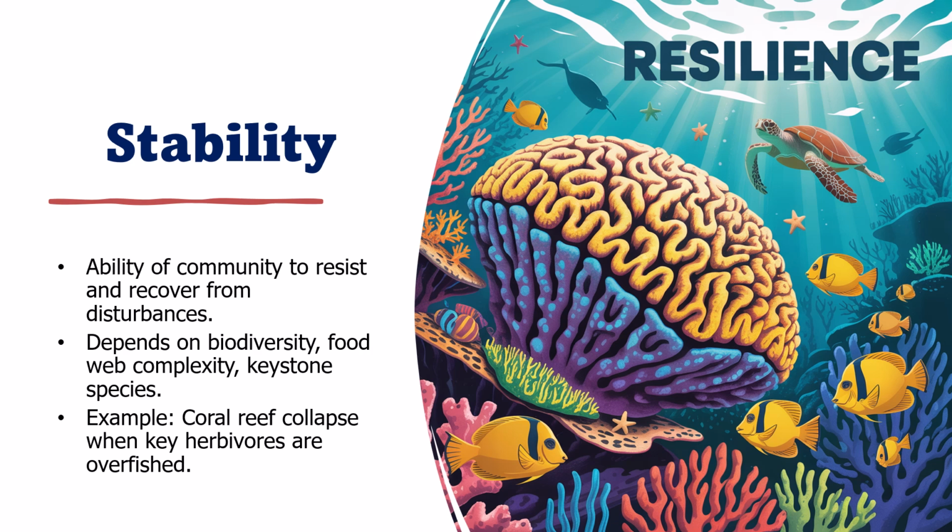For example, coral reefs collapse when herbivorous fish are overfished, as algae take over and disrupt the balance. Stability also involves adaptability as communities respond to environmental shifts. Studying stability helps in conservation planning, ensuring ecosystems maintain their functions despite pressures from climate change, habitat destruction, or invasive species.